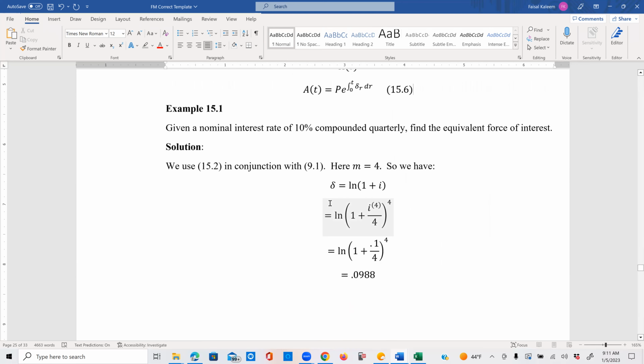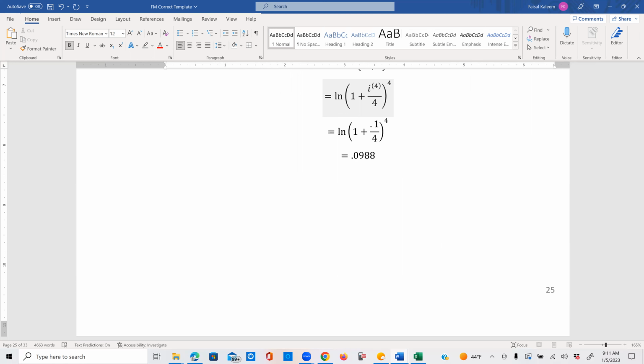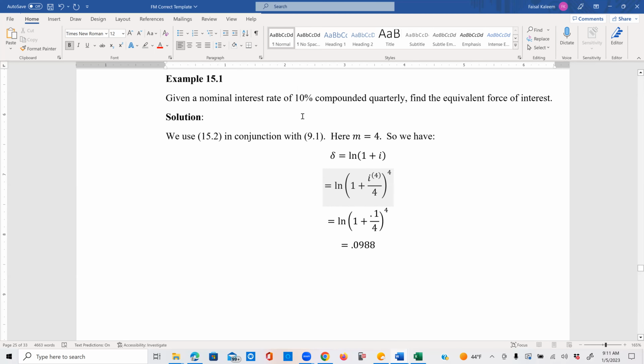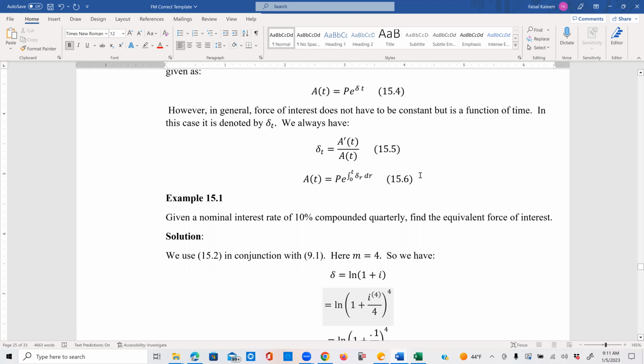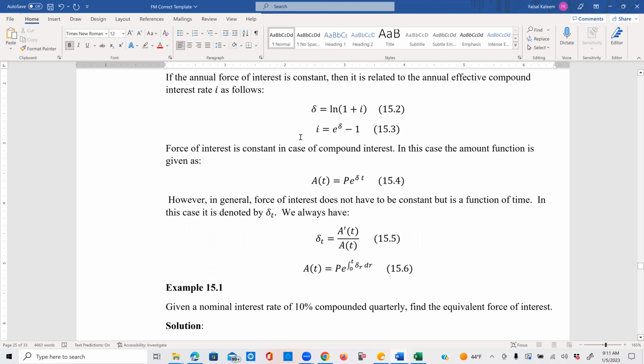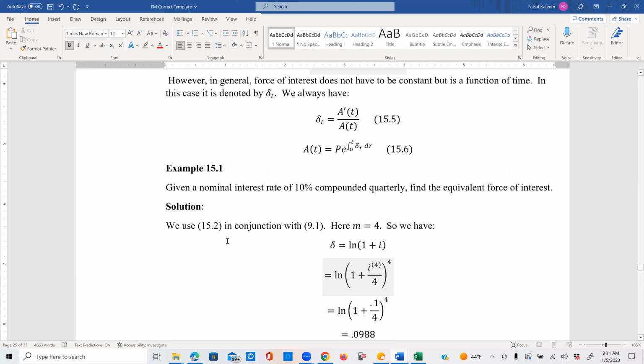Example 15.1. If you are given a nominal interest rate of 10%, which is compounded quarterly, we can still find the equivalent force of interest, although we just have the formula relating force of interest to annual compounding. So we use 15.2 in conjunction with 9.1. Here m is equal to 4.